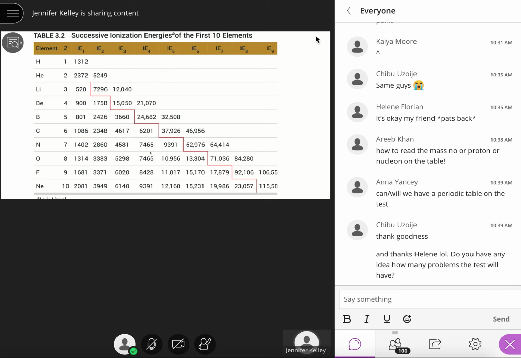And you can see the same thing pretty much all the way down. Even if you're looking at neon, and neon is a noble gas, so it's hard to pull off any of those electrons. But by the time it gets past the first 8 electrons, when you get into the core electrons of neon, it goes from 23,000 to 115,000.